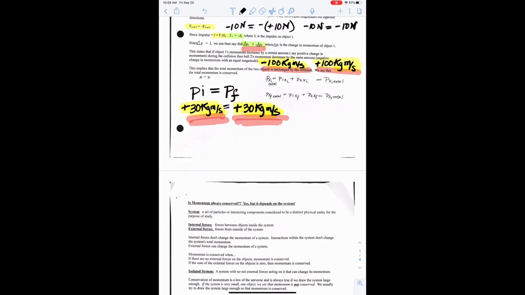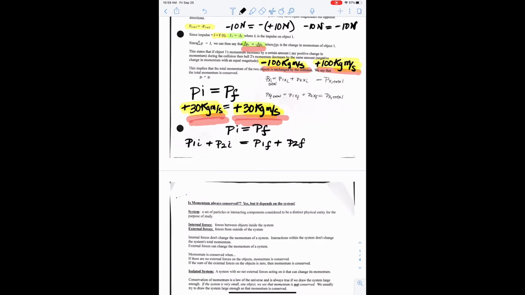and maybe, I guess I have some room here. PI equals PF can be expanded into P1, object 1, initial, plus the momentum of object 2, initial, is equal to the momentum of object 1, final, plus the momentum of object 2, final.